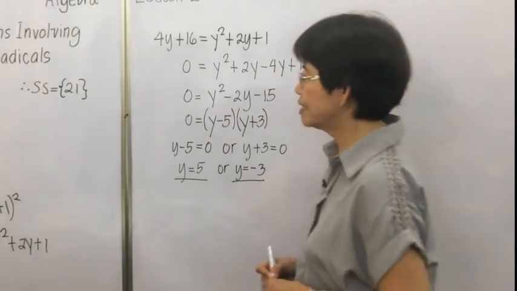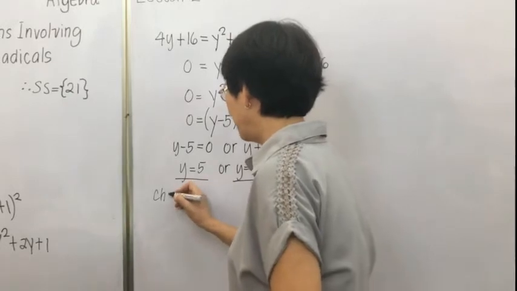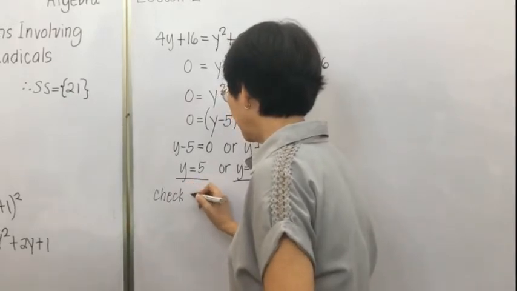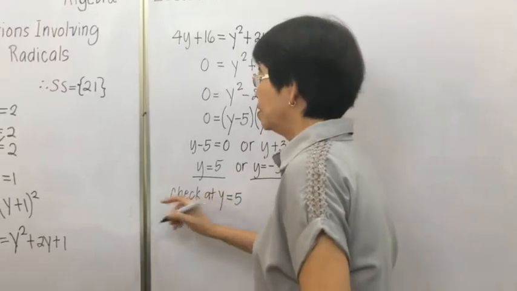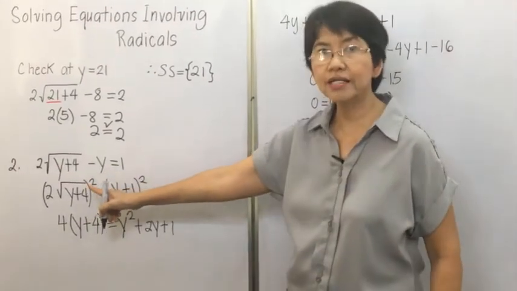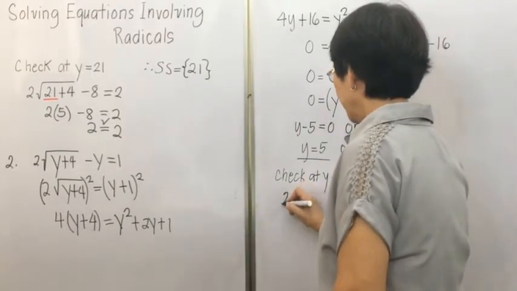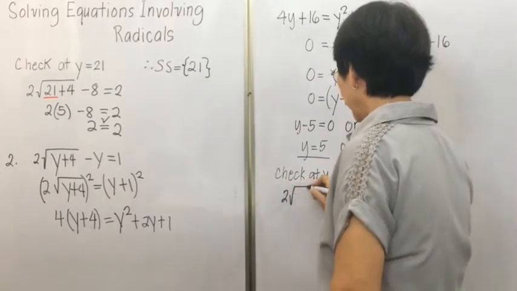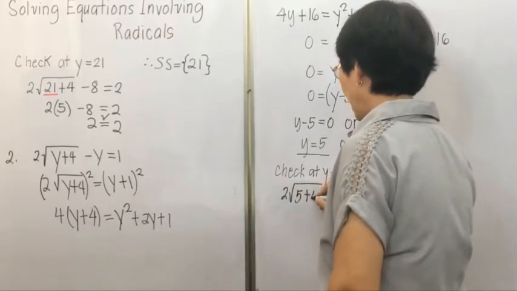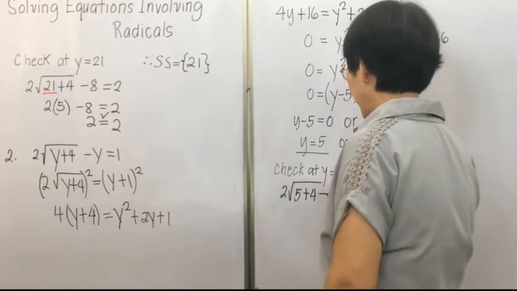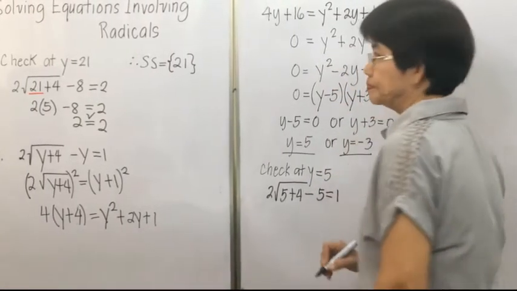So, checking at y is equal to 5. We go back to the original equation and we have 2 square root of 5 plus 4 minus 5 equals 1.